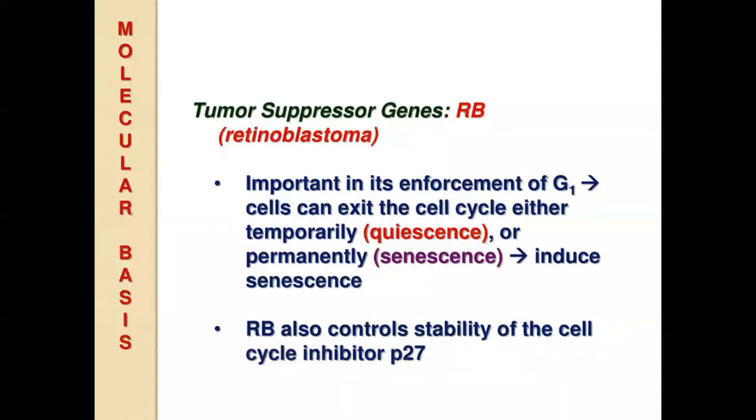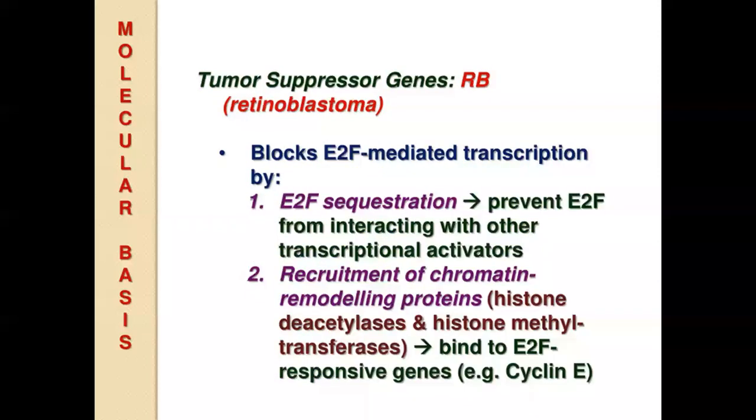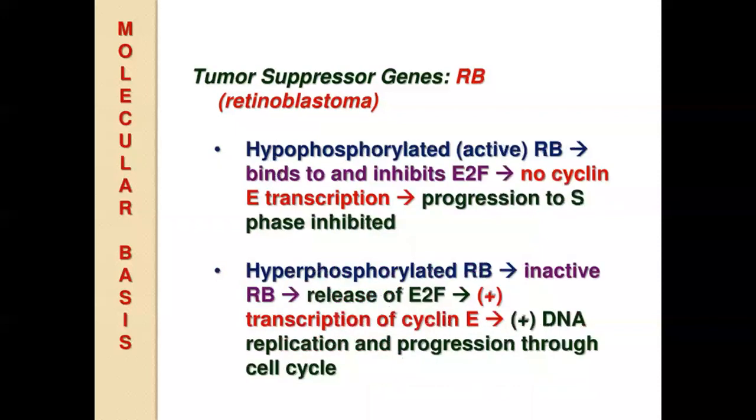RB also controls stability of the cell cycle inhibitor P27. The RB gene exists in active and inactive forms. The active RB gene inhibits the cell cycle from G1 to S phase.